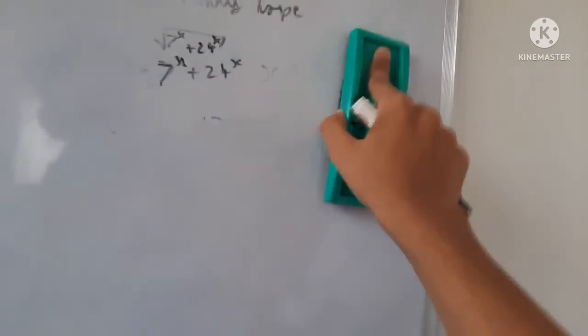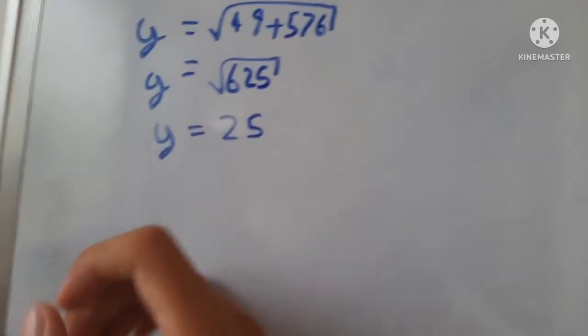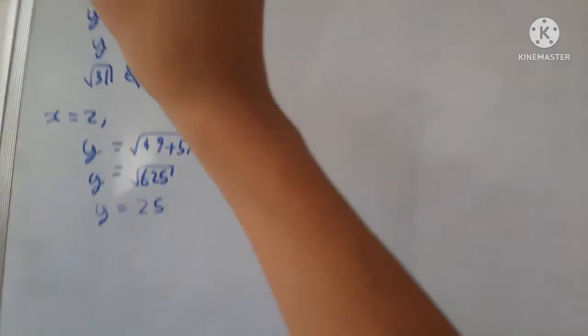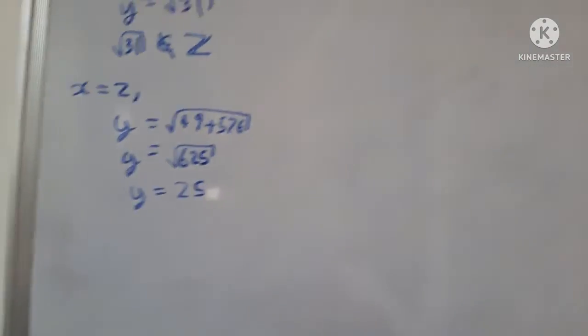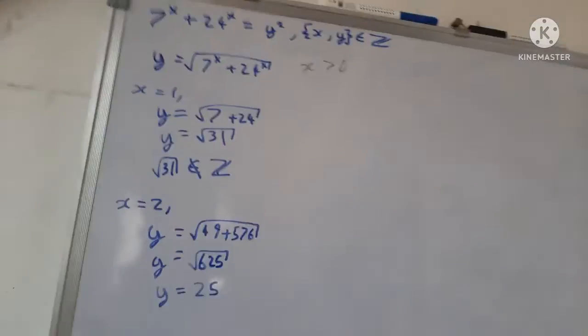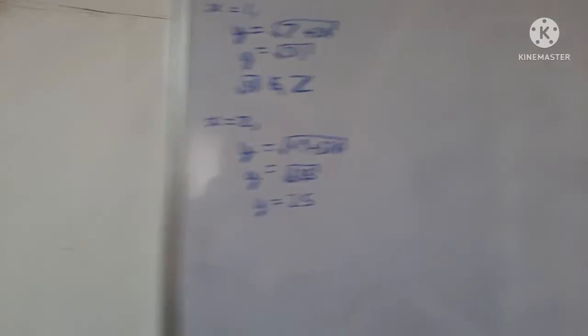Okay, so we've proved that x has to be greater than 0. I'm just going to write it here. So it starts from 1, no integer, 2, we get an integer.